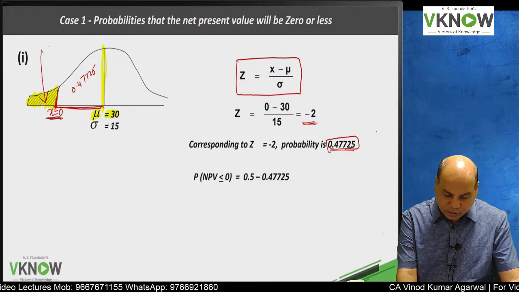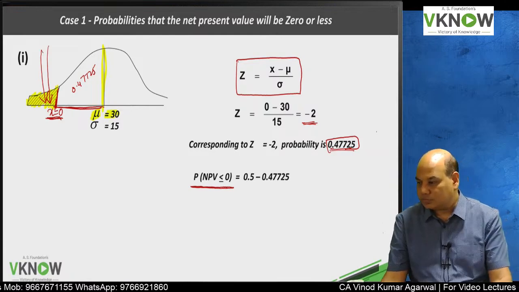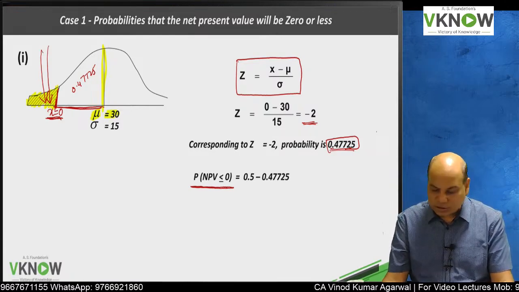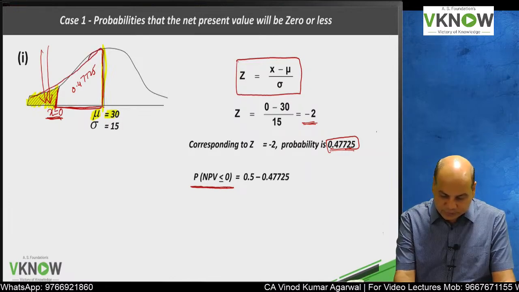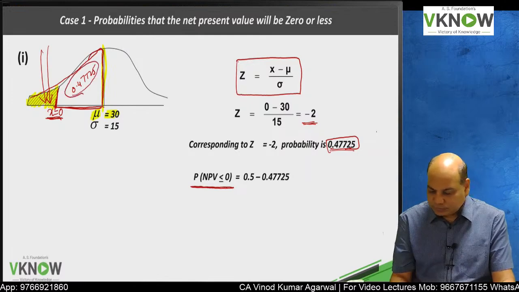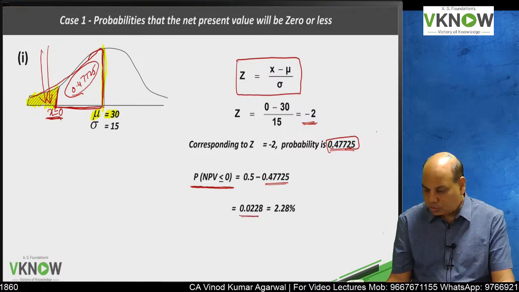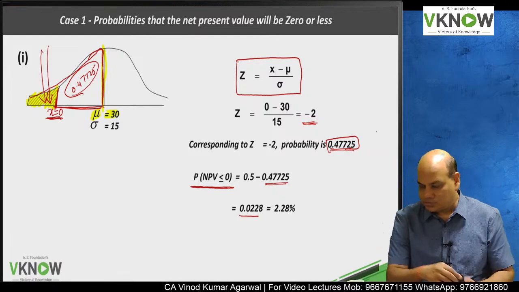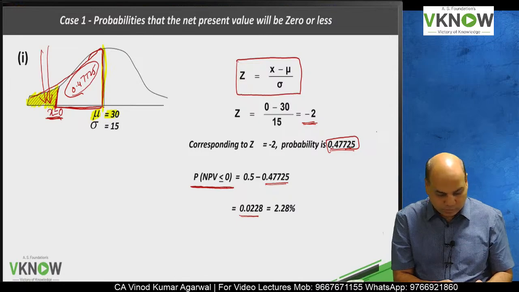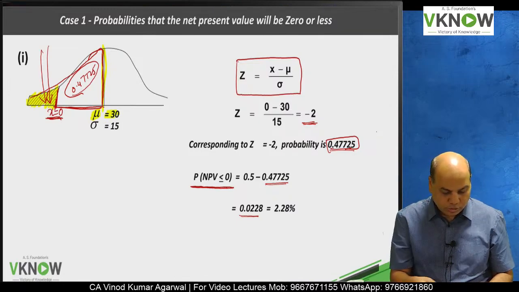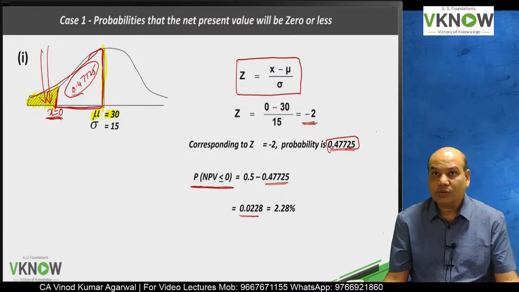I want the probability of this area. So write down probability NPV less than or equal to 0. Total area is 0.5. Remove this part. The balance part is 0.0228 approximately. Just check: 0.5 minus 0.47725 is 0.02275.